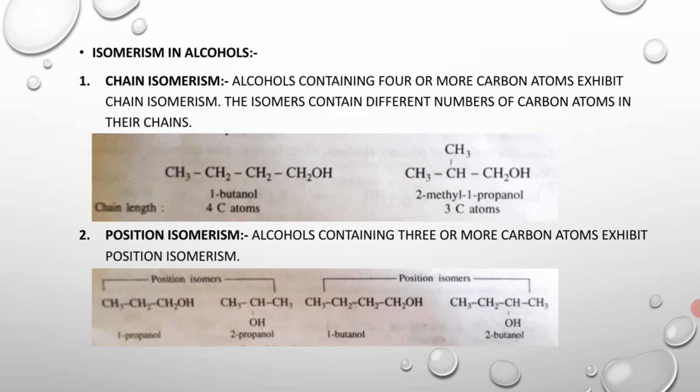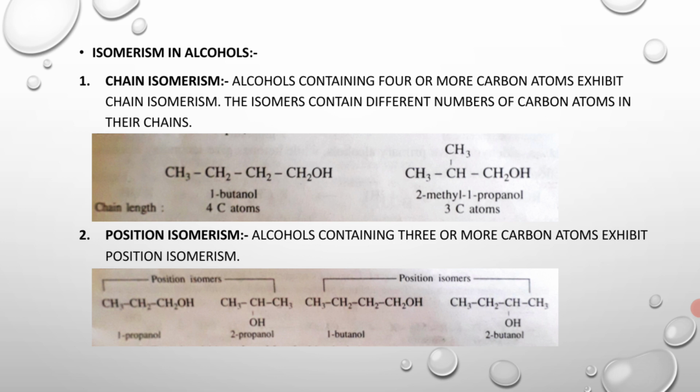The hydroxyl group has different locations in the chain. Here in position isomerism, 1-propanol and 2-propanol are isomers of each other, that is position isomers. Similarly, position isomers are 1-butanol and 2-butanol.